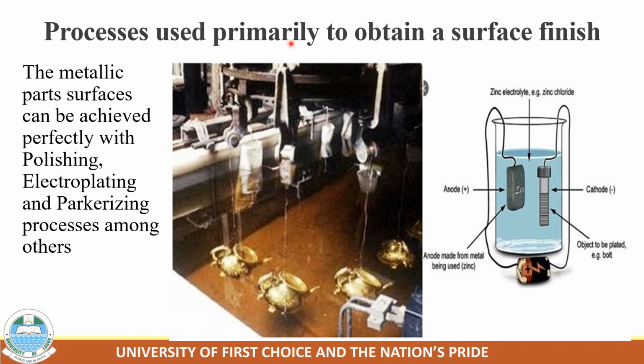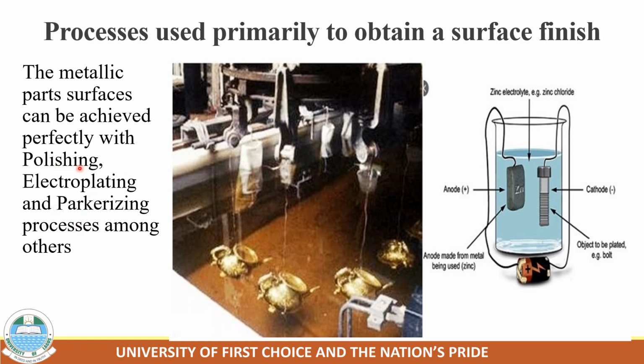After you have produced your material or your project in the workshop, you want to protect it against rusting. You want to give it a fine surface finish. All the processes here are the ones you are going to employ. The metallic part surface can be finished perfectly with polishing, electroplating, parkerizing processes, among others.